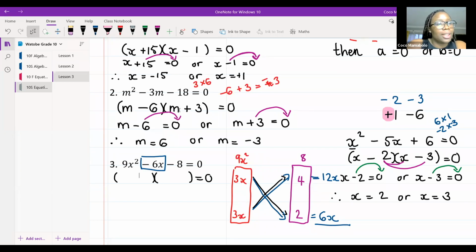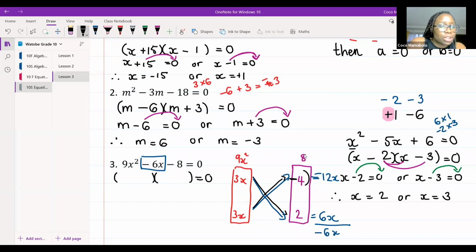That's okay, Gift. Samuel says 12x needs to be negative. Yes, because negative 12 plus 6 will give me negative 6. So I need this top part here to be negative. So I'm going to put my negative here next to 4 so that when it multiplies, it's going to give me negative 12x.